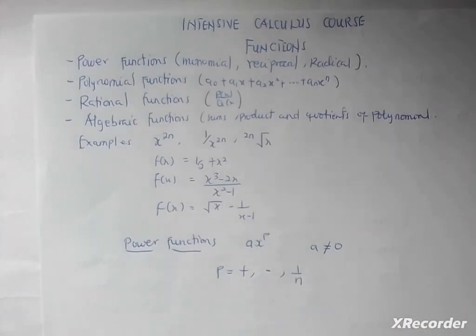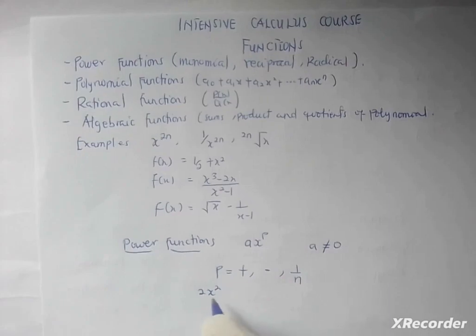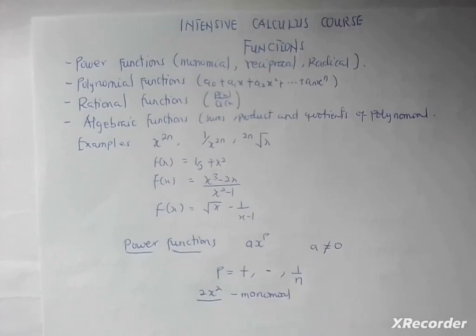If p is a positive number, then you can have an expression like 2x to the power 2. This is a power function with p being 2, a positive number. So we term this a monomial. A monomial is a power function which has p positive.